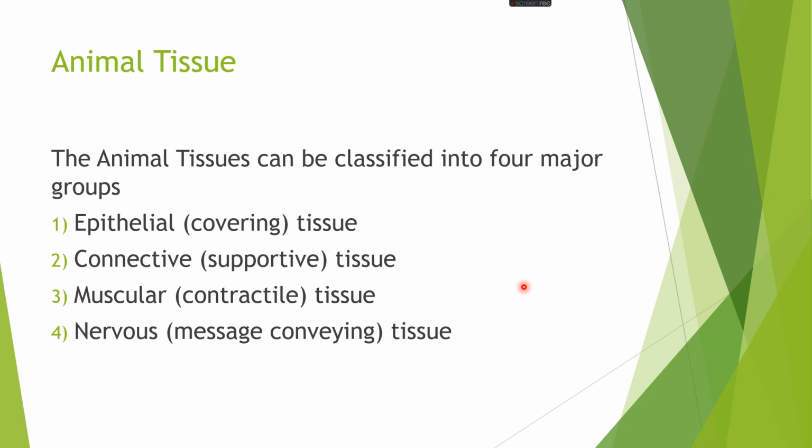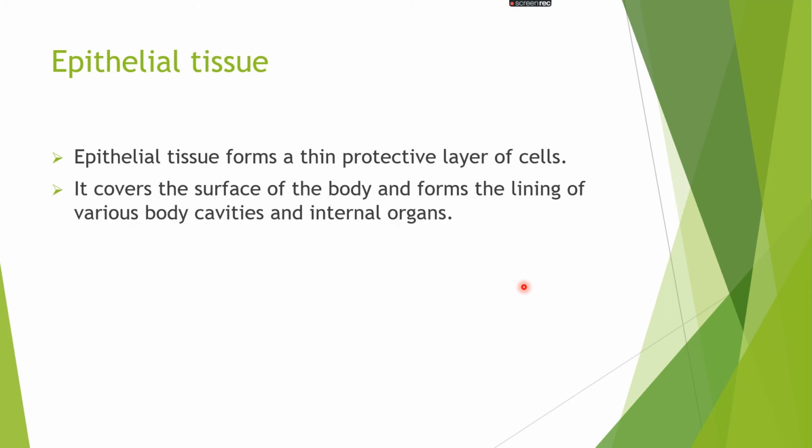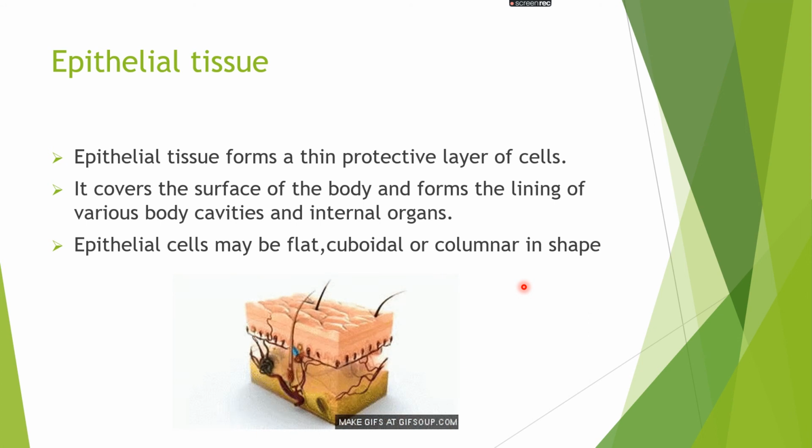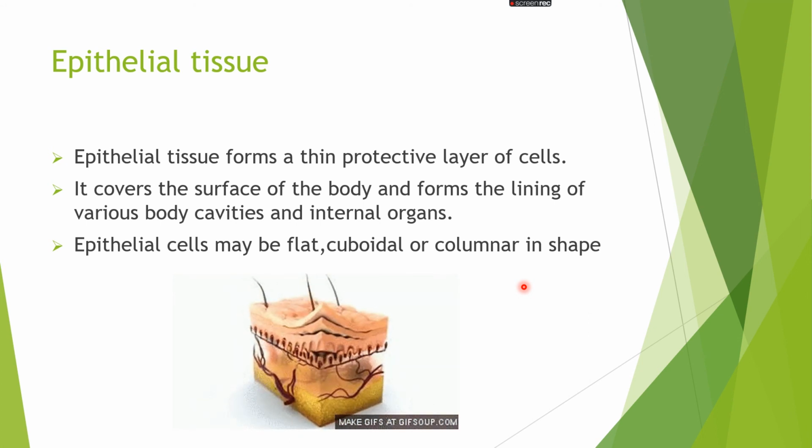So now let's have a look at the epithelial tissues. The epithelial tissue forms a thin protective layer of cells. It covers the surface of the body, forms the inner lining of various body cavities and internal organs. Epithelial cells may be flat, cuboidal, or columnar in shape.